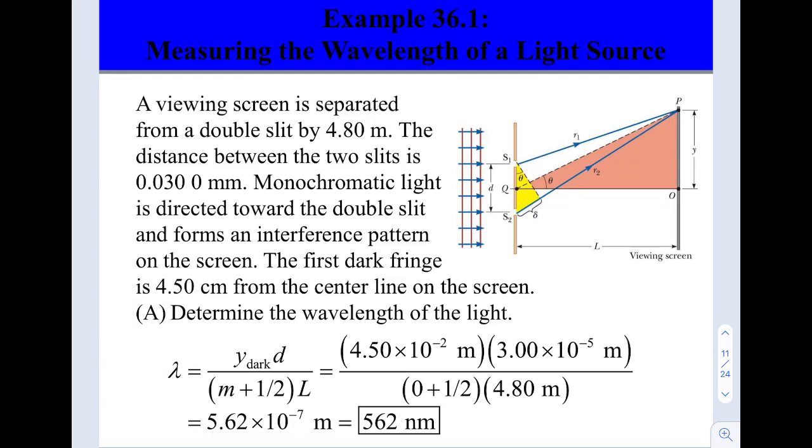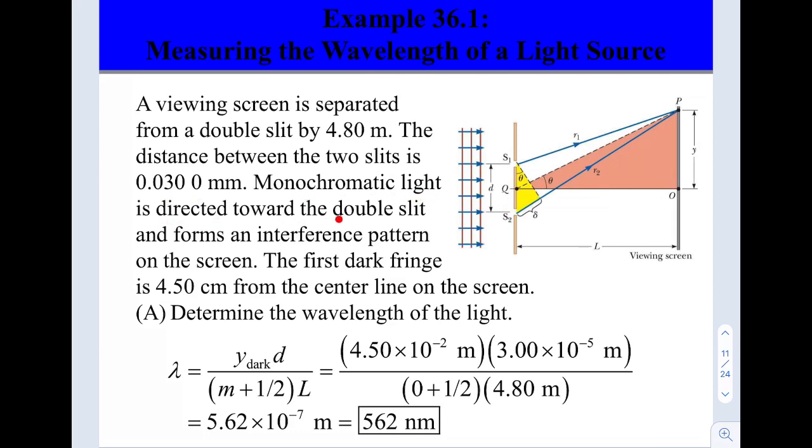So, example 36.1: measuring the wavelength of a light source. A viewing screen is separated from a double slit by 4.8 meters, so L is given as 4.8. The distance between the two slits is 0.03 mm, so this is the slit separation distance d.